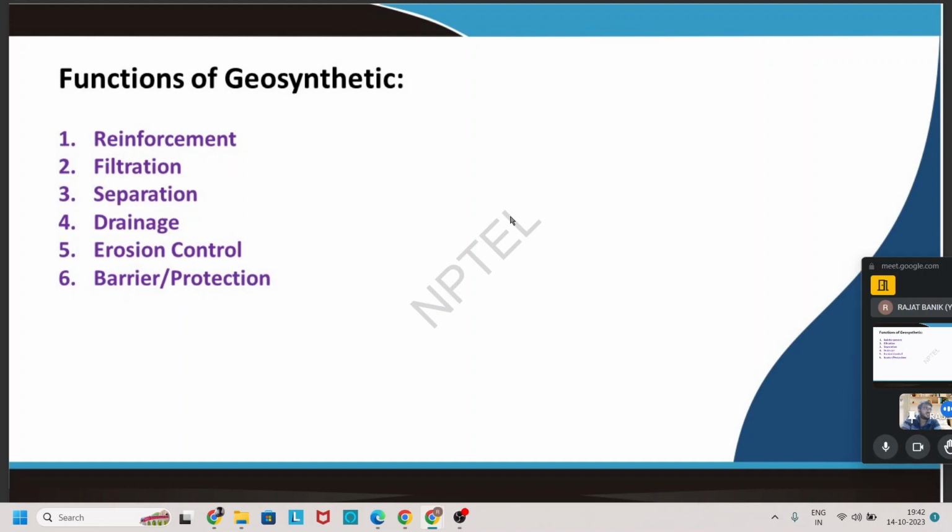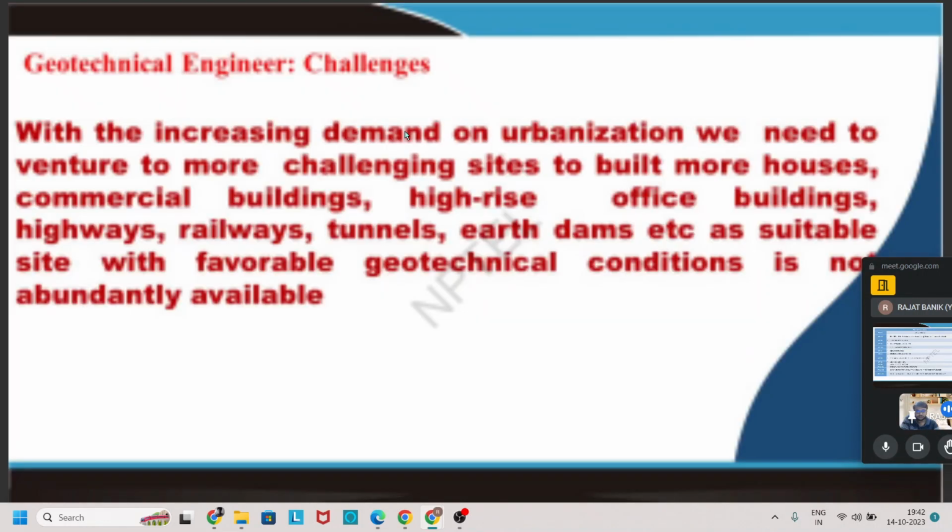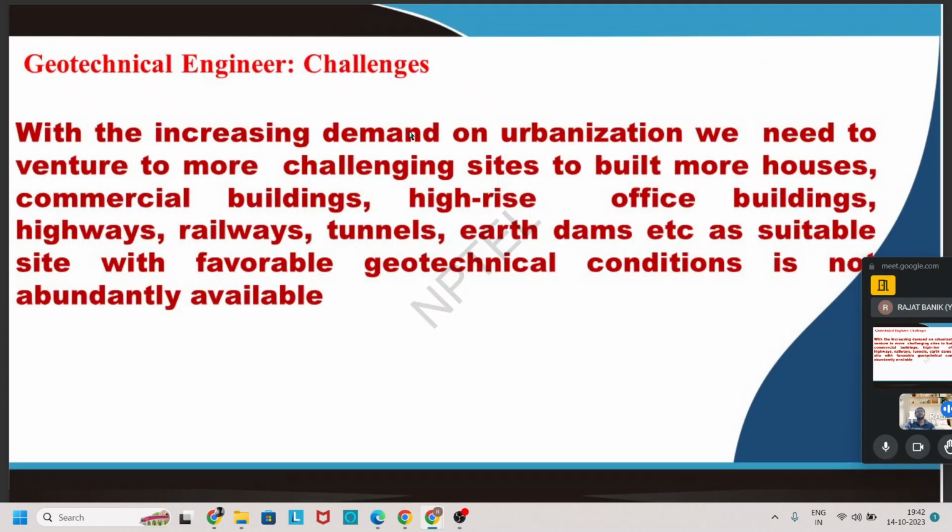We use these in different ways as geosynthetic material. Then we also discuss the different challenges we need to address in geotechnical engineering, and why we use these ground improvement techniques in our civil engineering work.